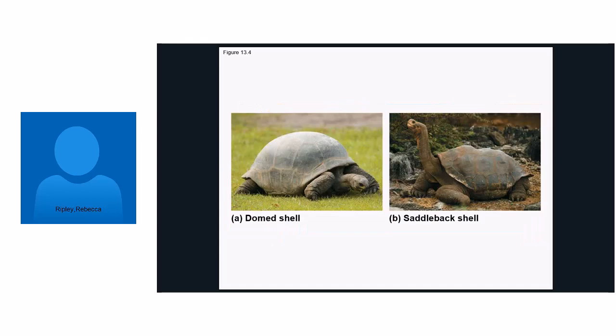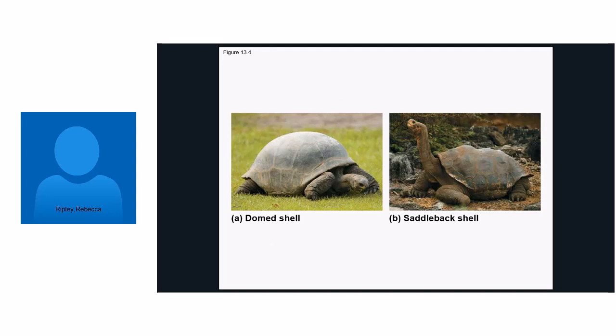So the one on the left is a type of tortoise that has evolved into living in a place where there's a lot of vegetation on the ground. So he doesn't have to move very fast or be able to reach anywhere, because wherever he's crawling around on the ground, he's going to be able to eat vegetation like plants and grasses.